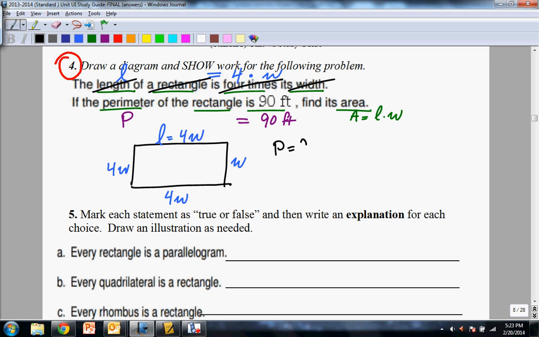The perimeter is, so I write P equals 90 feet. Right underneath it, I'm going to write out the equation for perimeter, which is simply walking it around. If you put your pen here and you walk it around, it's 2 lengths plus 2 widths.